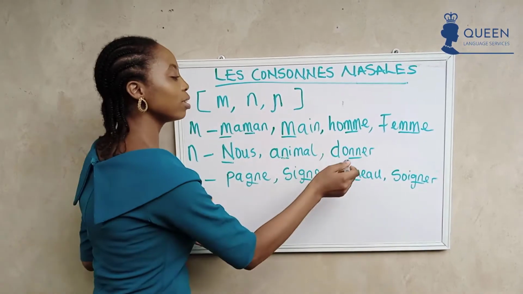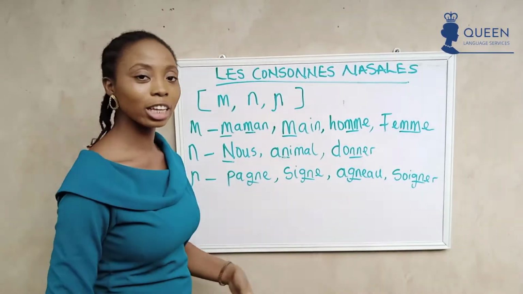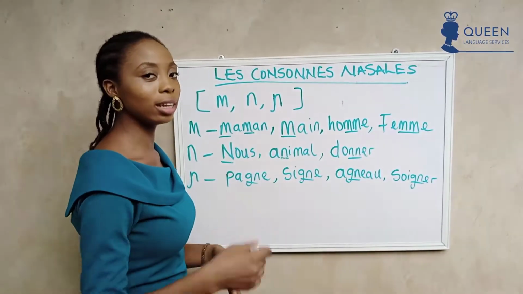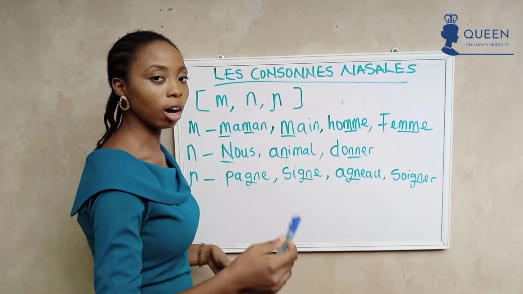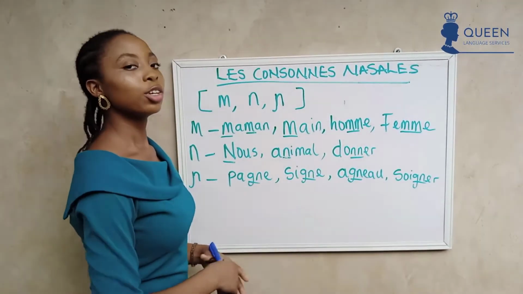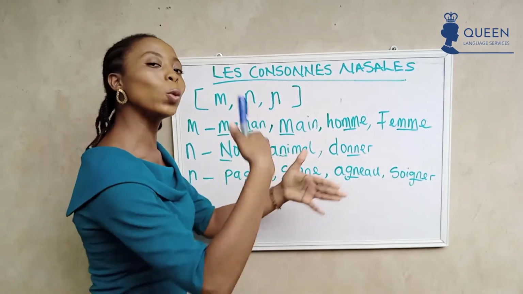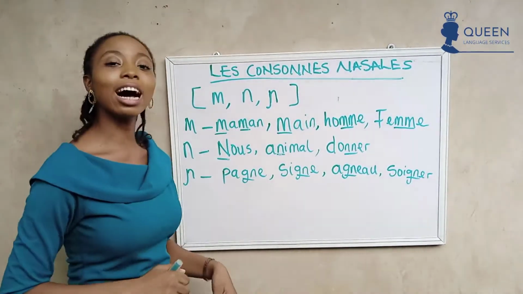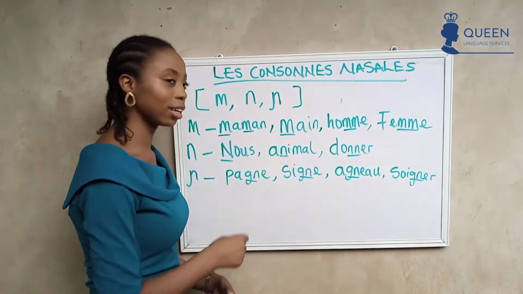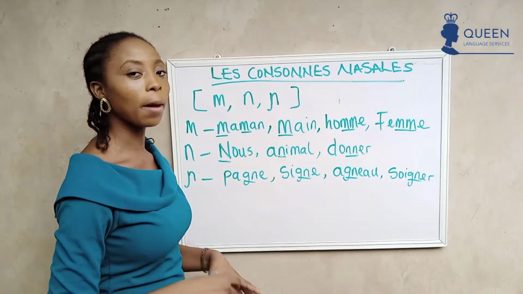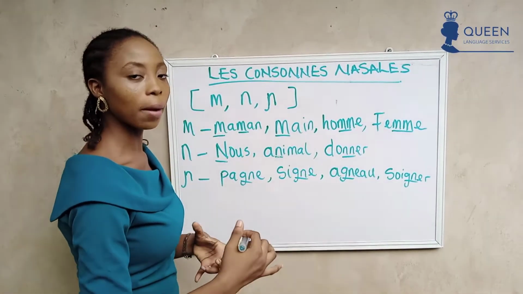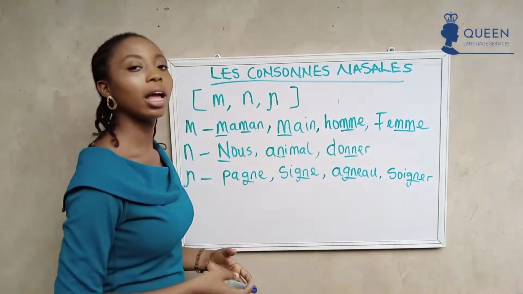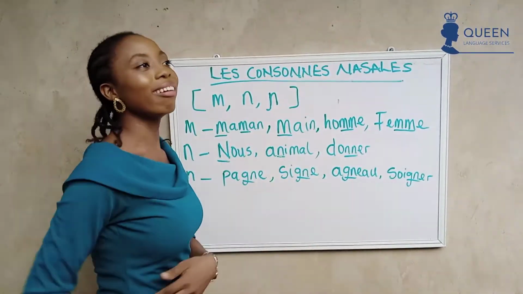We have it in words like donne. Can we hear the n sound? Donne, which means to give. So let's continue. We have the ñ sound in words like pagne. Can we hear the ñ sound? Pagne, which means a wrapper.